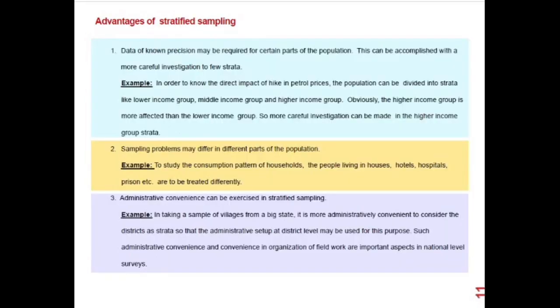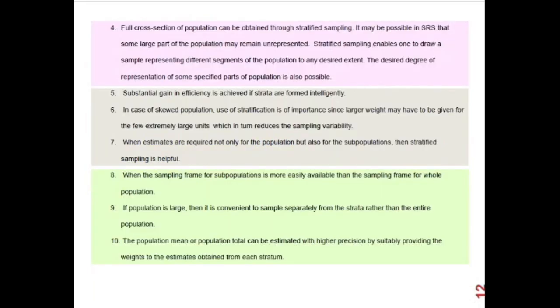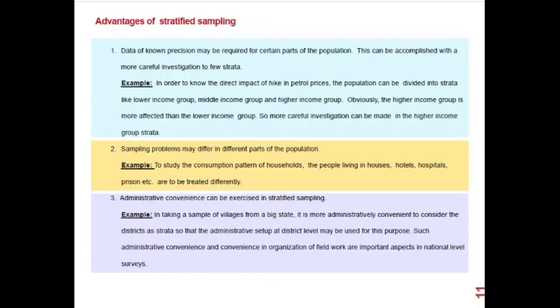Now the advantages of stratified random sampling, if you want to quote them in your answer. Okay, this is the end of the slide. The data of known precision may be required for certain parts of the population. This can be accomplished with a more careful investigation of a few strata. So that is one of the advantages.